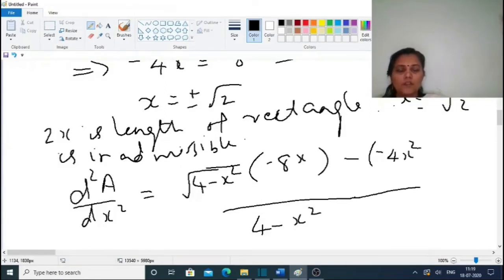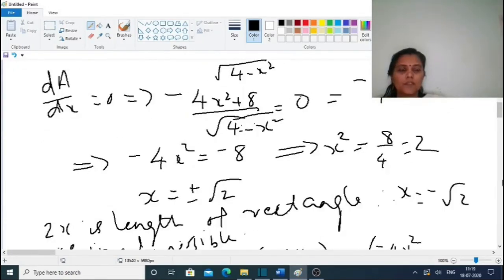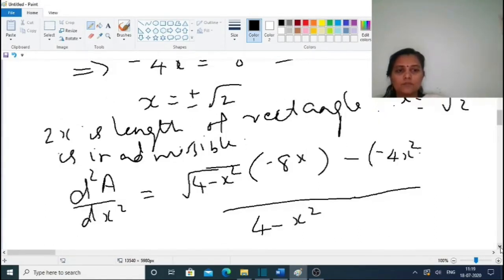Minus 4x square plus 8 into 1 by 2 into root of 4 minus x square into minus 2x.